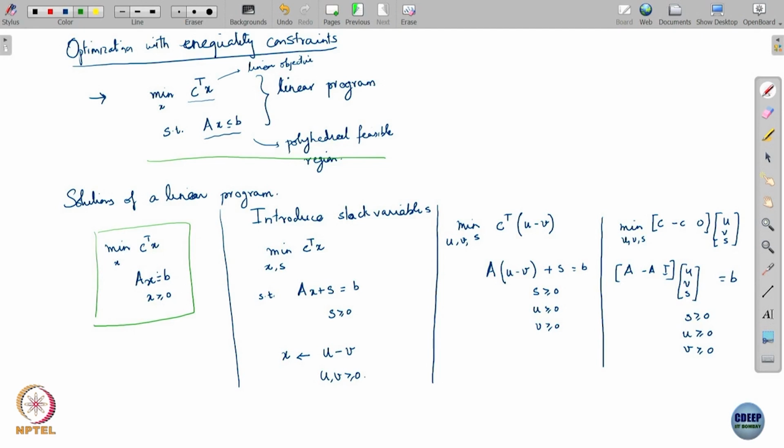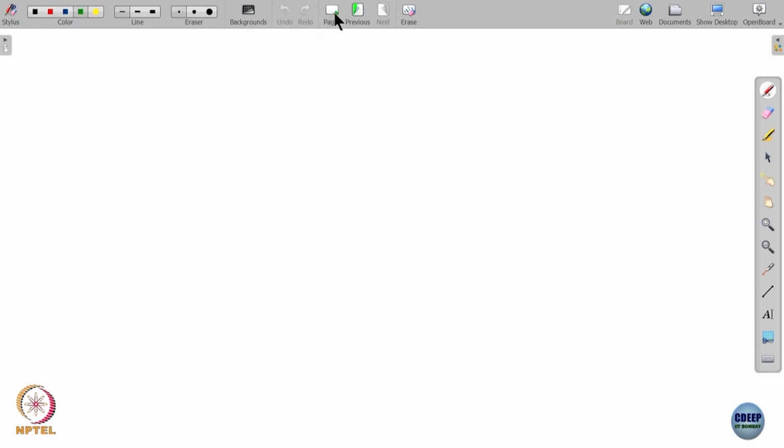Now, can you make this even more specific? Remember the transformations we had discussed, things like eliminating constraints, for example. Are there some constraints that you can trivially eliminate from here?